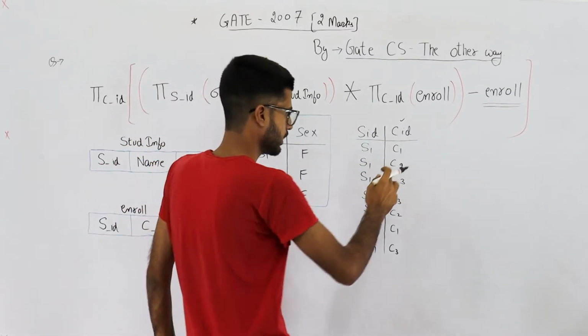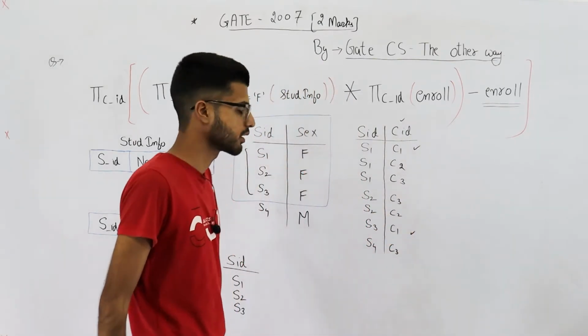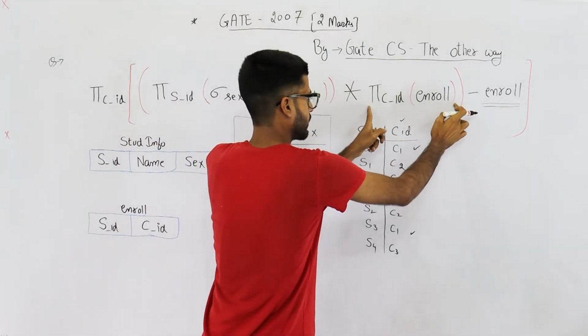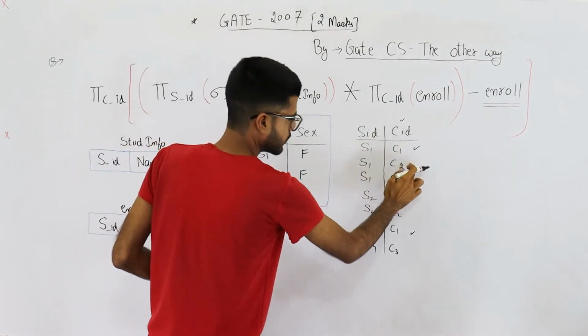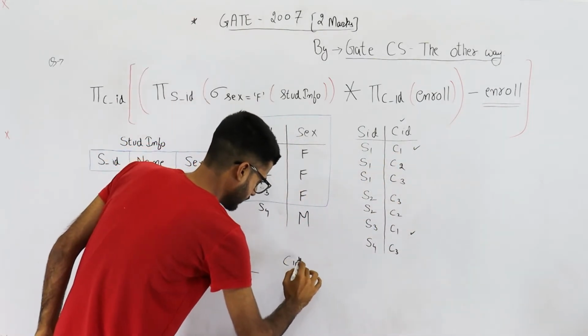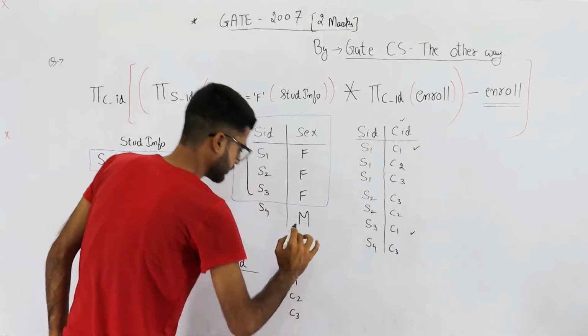That means even though C1 is present twice, we will consider it only once. So I'm writing the resultant table of this part here. It will be C1, C2, C3. These are the only courses we have.